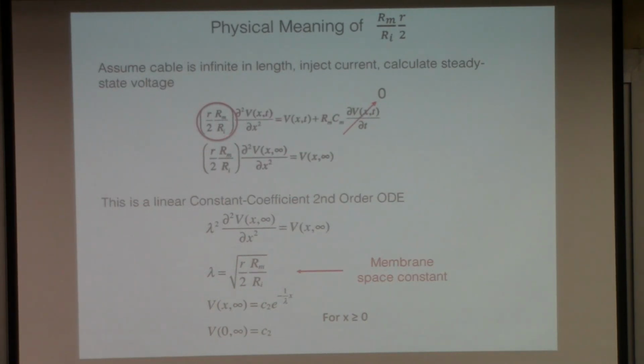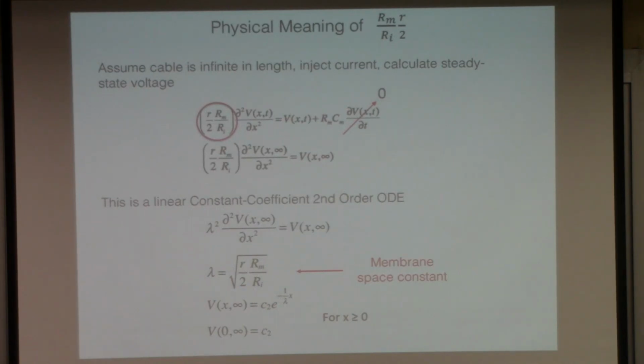It's zero everywhere along the cable, so this term goes away and we're left with this second order differential equation which has this solution. Prove that to yourselves by substituting this solution into this equation. So there's a term lambda here. Lambda is known as the space constant.